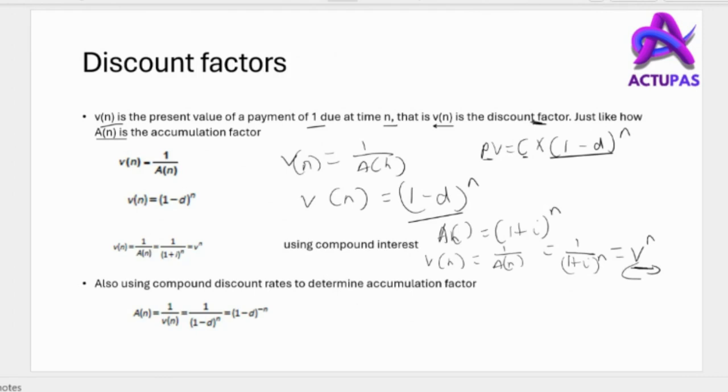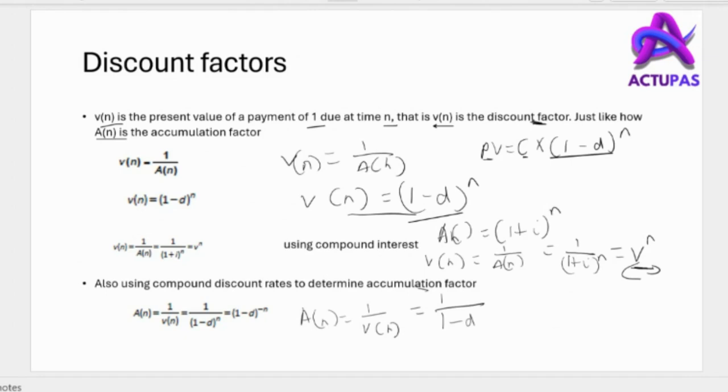And also we can use the compound discount rate to determine the accumulation factor, the opposite, like this. An is equal to 1 over Vn. And we've already verified that Vn is equal to (1 minus d) to the power n.